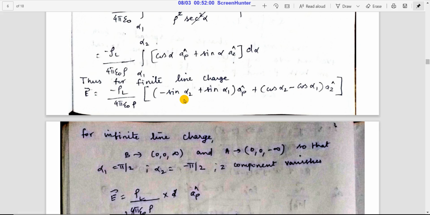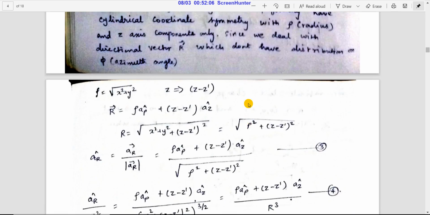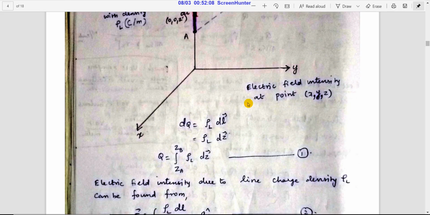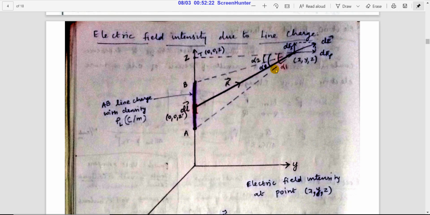We need to know what alpha 1 and alpha 2 are, because if you know those terms, then only you can apply the formula. In order to evaluate those angular parameters, we need to look at this particular diagram.